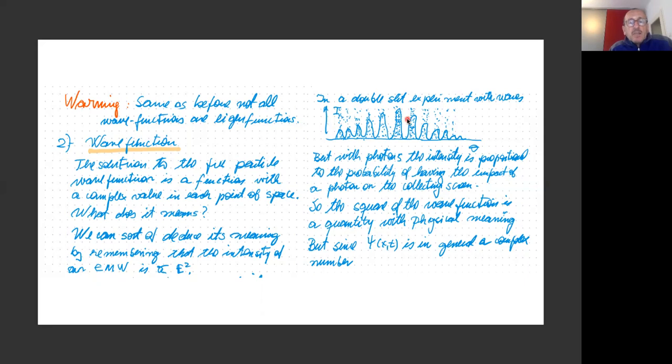And it turns out that this is a very good way of thinking, and this was proposed by Max Born at the beginning of the 20th century. He indicated to us that, since this thing is complex in general, we need to square the modulus of this wave function.